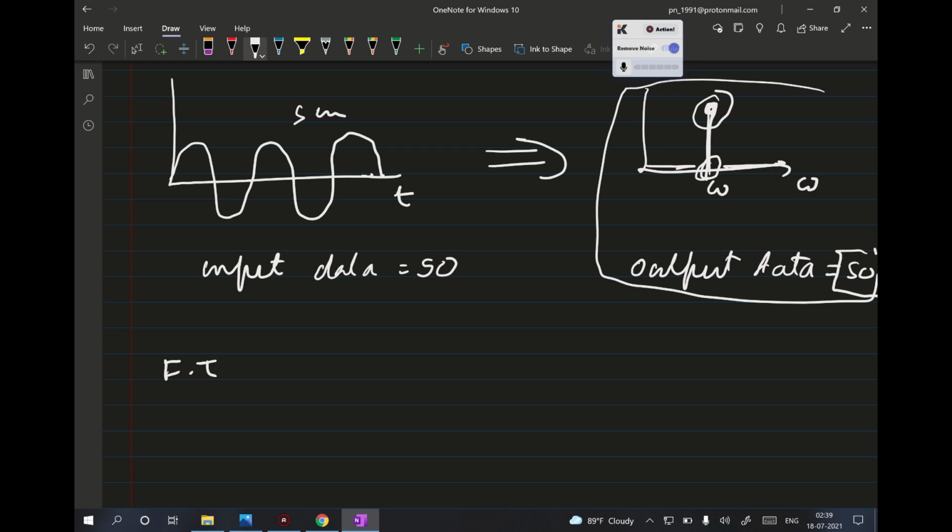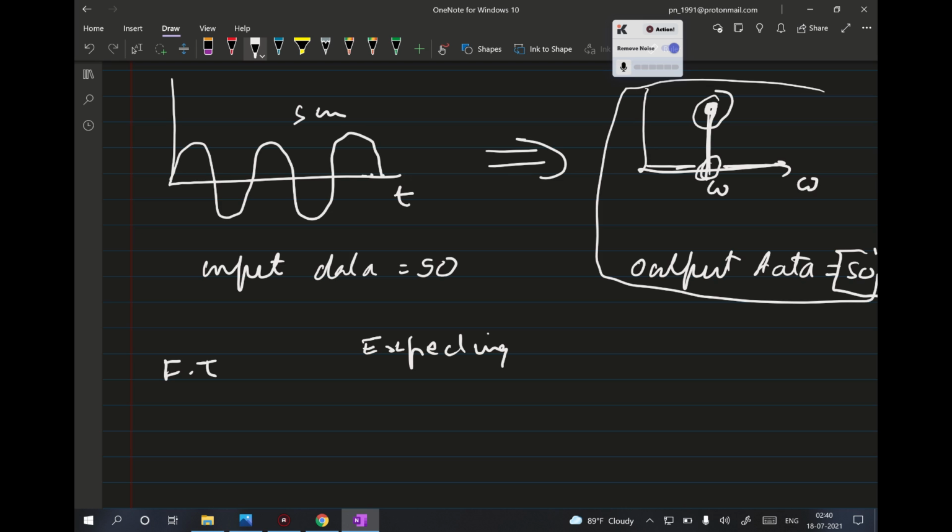If my input signal has different frequency contents, I will get a similar number of data points in my transform data. But this is what we are expecting. This is not completely true, but we will come to this point at a later stage. For now, let's assume this is true.